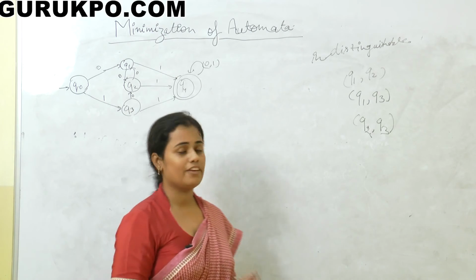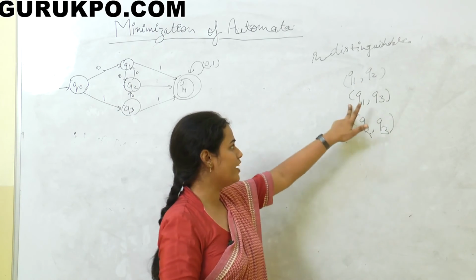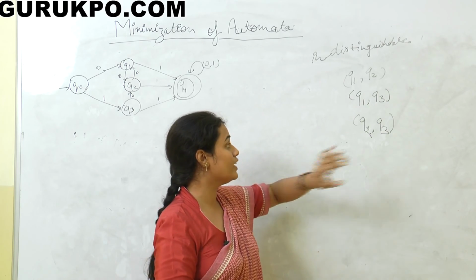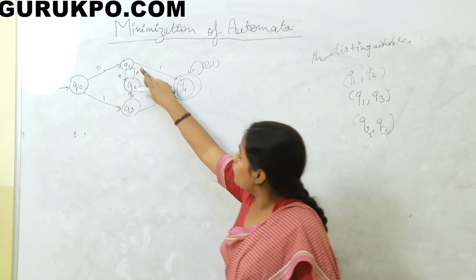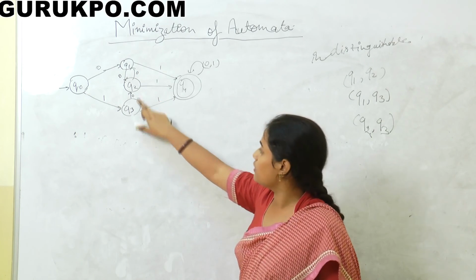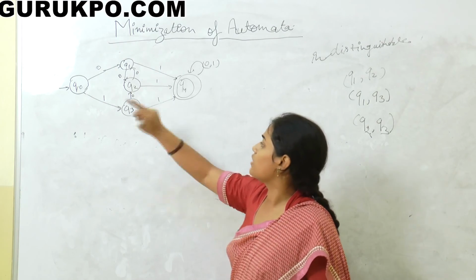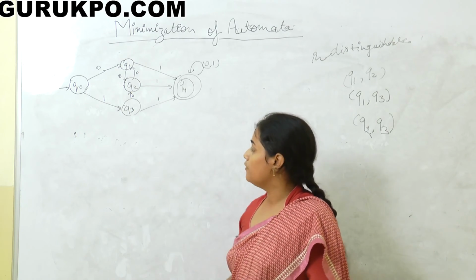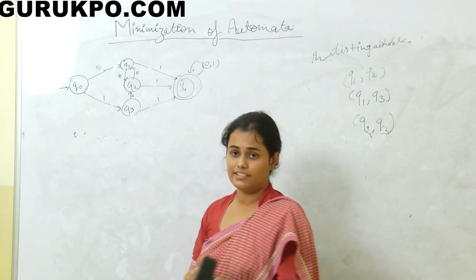We have come to know that Q1 is merged with Q2 as well. Q1 can also be merged with Q3 and Q2 can also be merged with Q3, which means we can merge all these three states into a single state.